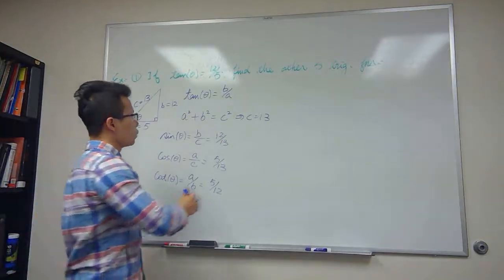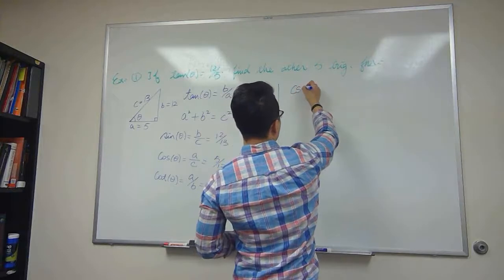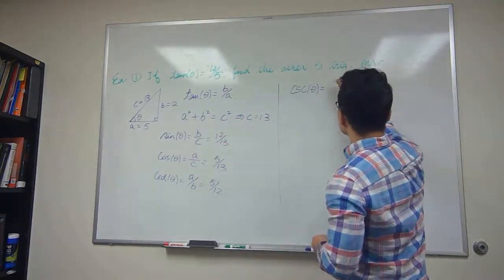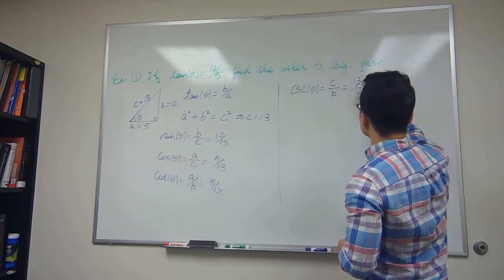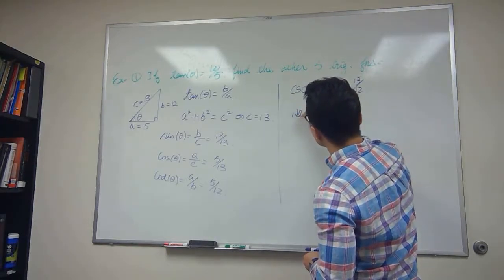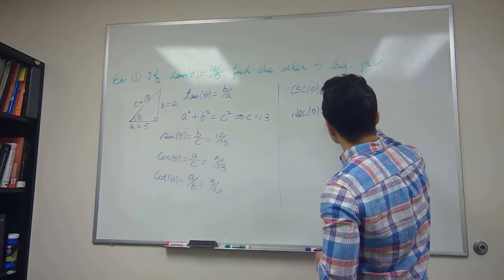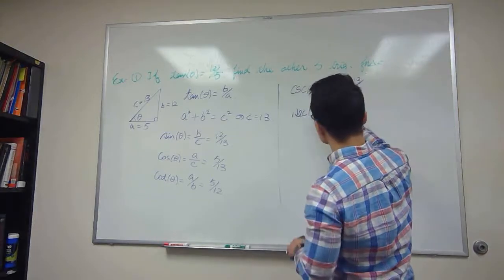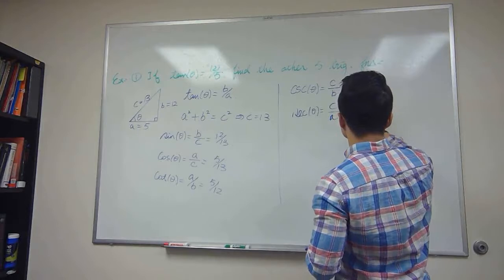Then we have cosecant theta, which equals C over B, that is 13 over 12. Lastly, secant theta equals C over A, and that is 13 over 5.